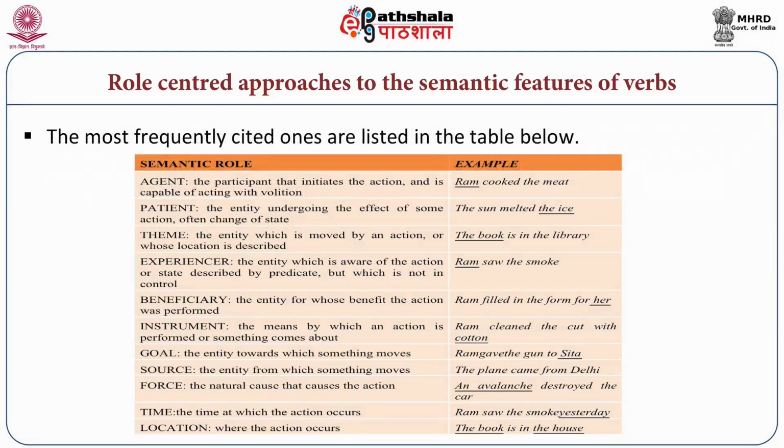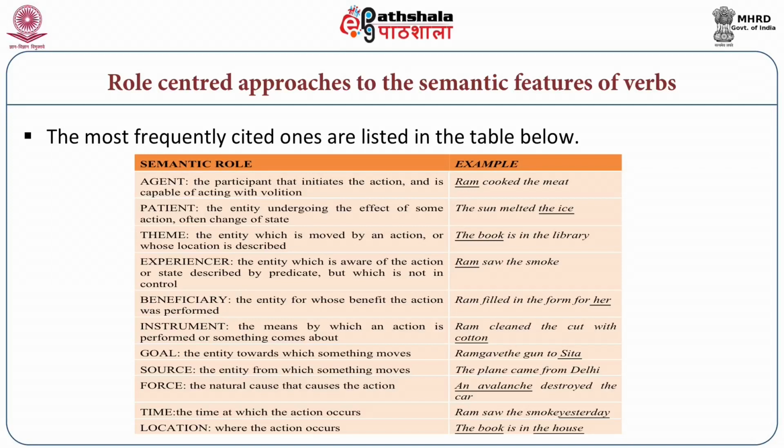Some of the most frequently cited and widely assumed semantic role labels include agent, who is the participant that initiates the action and is capable of acting with volition. So, as an example, Ram cooked the meat. Patient, an entity that undergoes the effect of some action, often leading to a change of state. The sun melted the ice, where the ice is a patient.